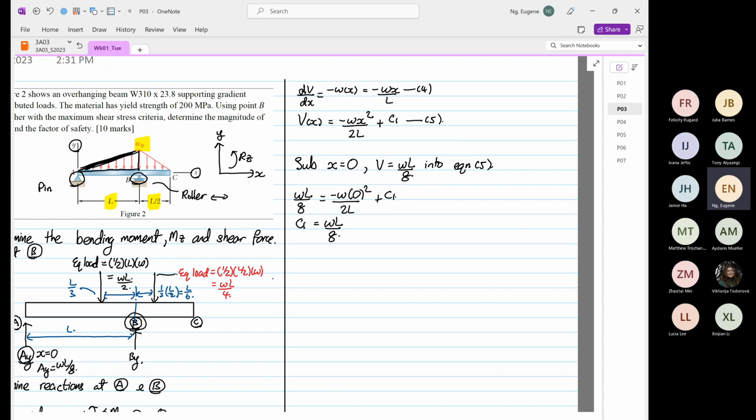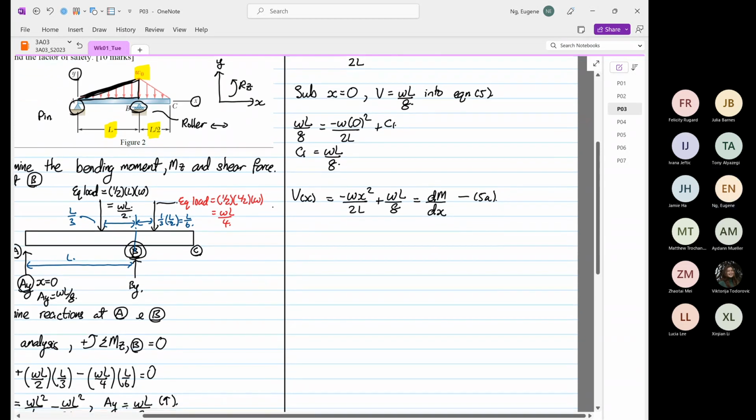So now we have the shear force as a function of x is equal to minus omega naught x squared over 2L plus omega naught L over 8. This whole equation is equal to dM over dx, and this is our equation 5a. The next time we integrate again, we're going to get the moment as a function of x.